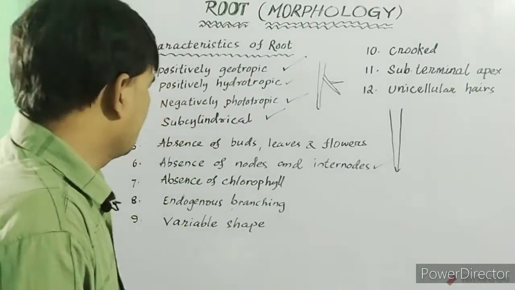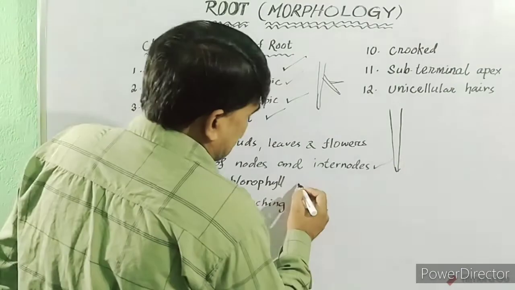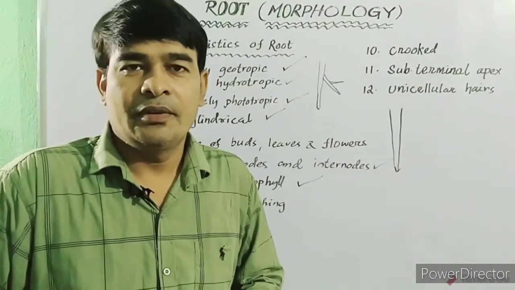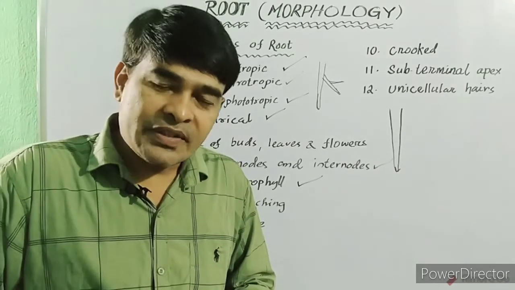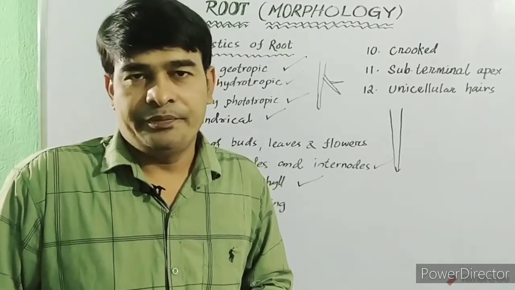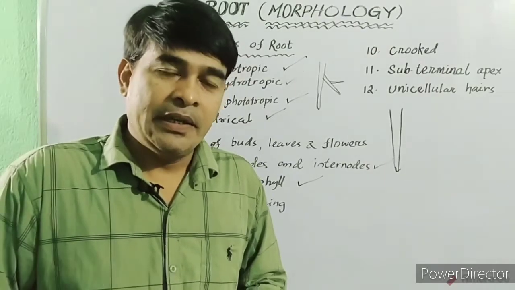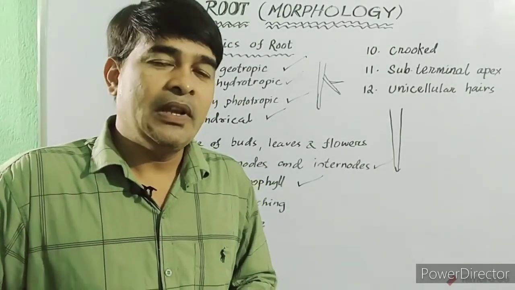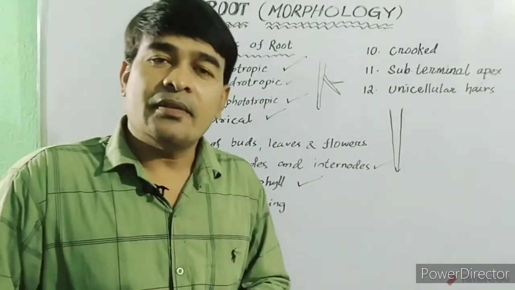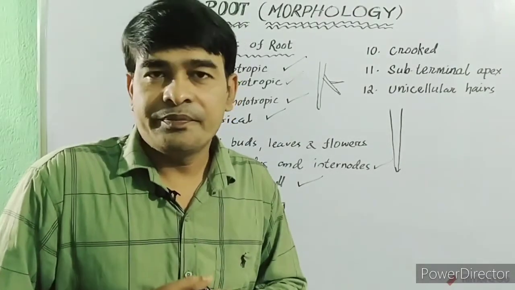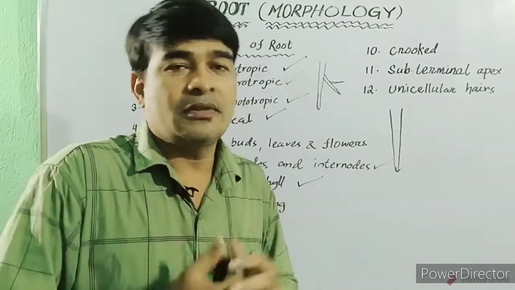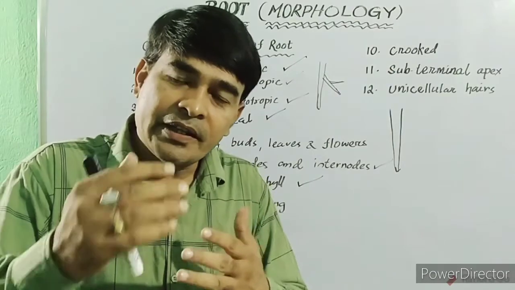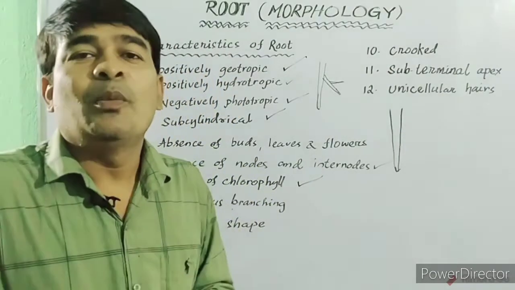Then next character is absence of chlorophyll. The roots are non-green. They are not green due to absence of chlorophyll pigments. However, there are certain roots which are green in color, for example, the aerial roots of Tinospora. They are green in color and perform photosynthesis.